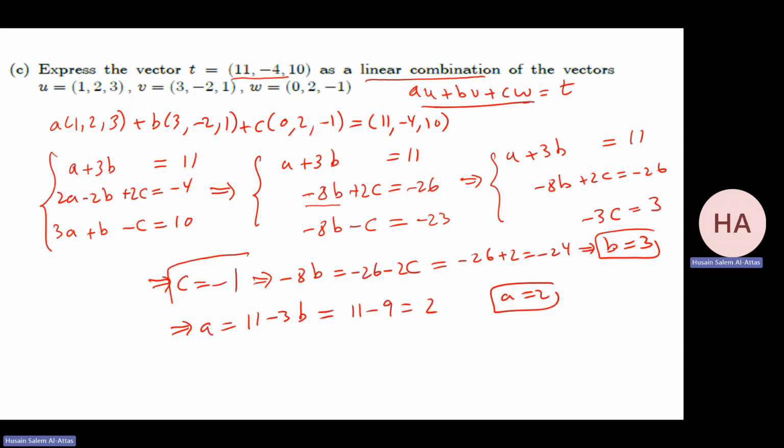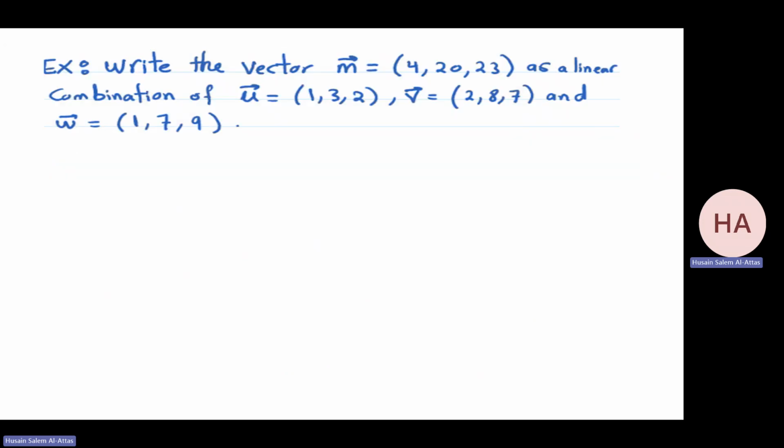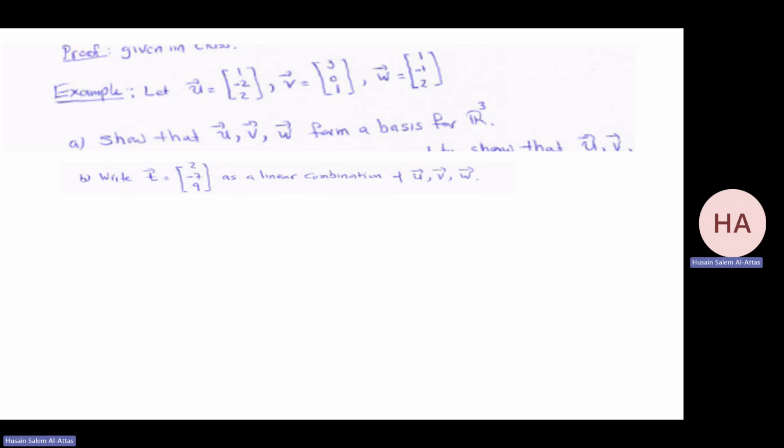That means T can be written as 2 times U plus 3 times V minus W. So T equals 2U plus 3V minus W. Now I wrote T as a linear combination of the other vectors. Two more to go. Then I will stop.